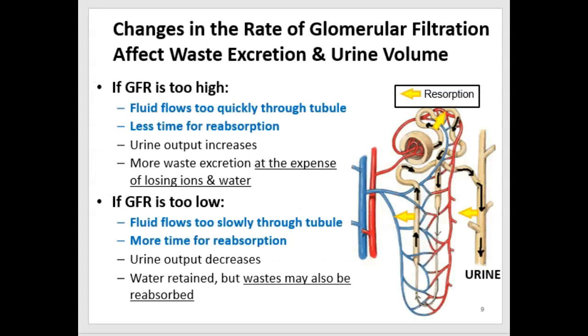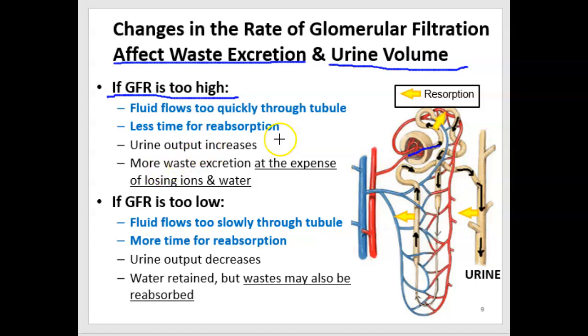The reason it's so important to talk about the rate of glomerular filtration is because, of course, it affects excretion of wastes, separating waste from our body fluids, and how much urine we produce. But there's other things too. So let's think about if glomerular filtration is really high for some reason. So you've got a pressure that's higher than 10 millimeters of mercury and a lot of filtrate is being produced.